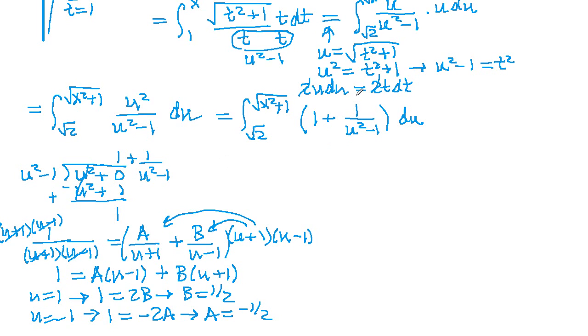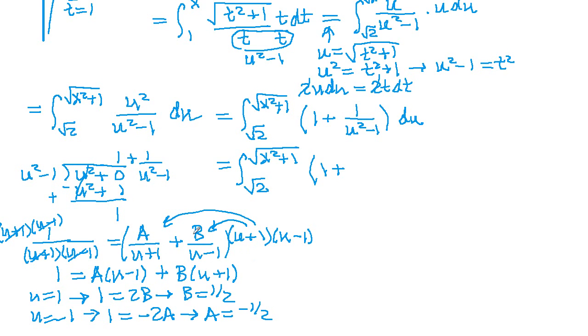So now we can go ahead and rewrite this. This will be the integral from root 2 to root x squared plus 1 of 1 plus, and in place of that 1 over u squared minus 1, we're going to do a over u plus 1, so -1/2, and then b over u minus 1, 1/2.